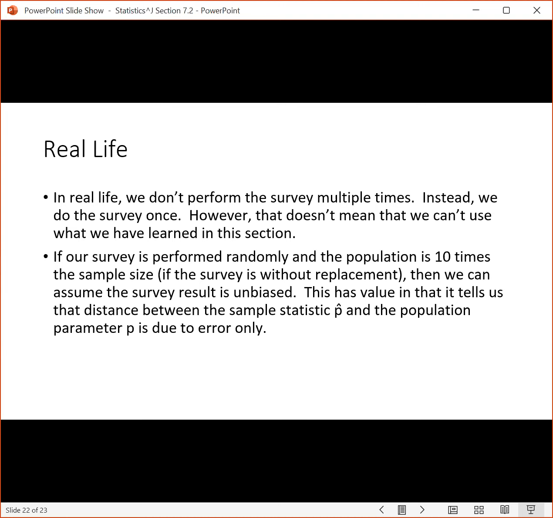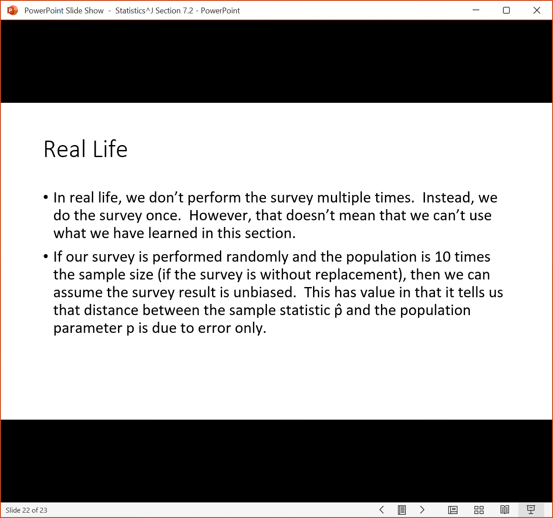That's due to random chance. If you were to pick 1,000 people, you're not going to get exactly the same number. You're not going to get the exact percentage in that group that matches the population parameter itself. So if the population is 40%, you're not going to get 40% Democrats for every 1,000 people that you choose. It doesn't work that way.